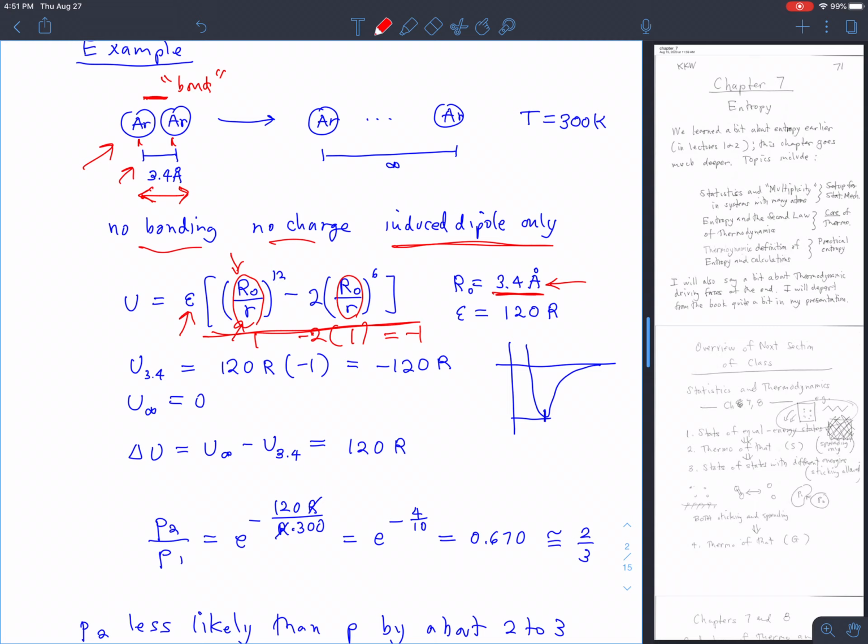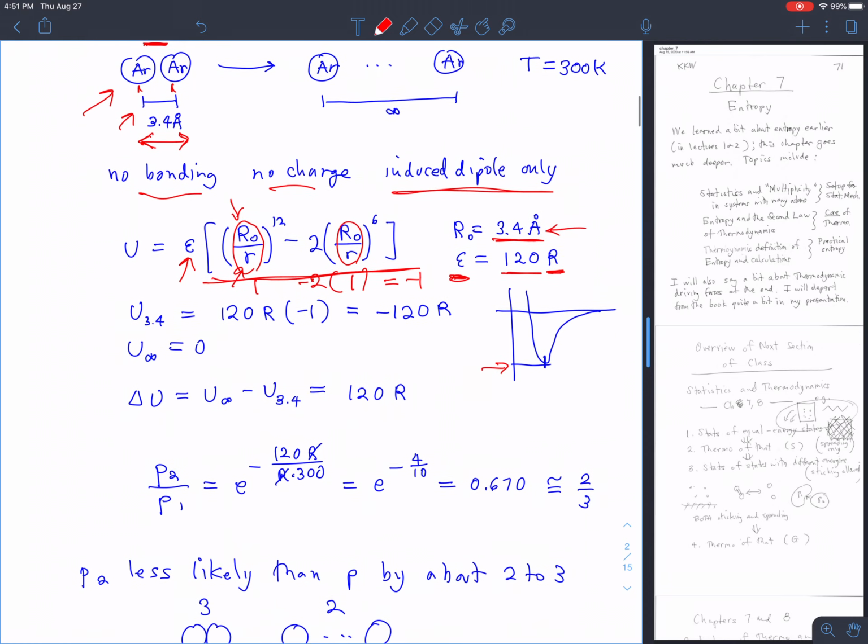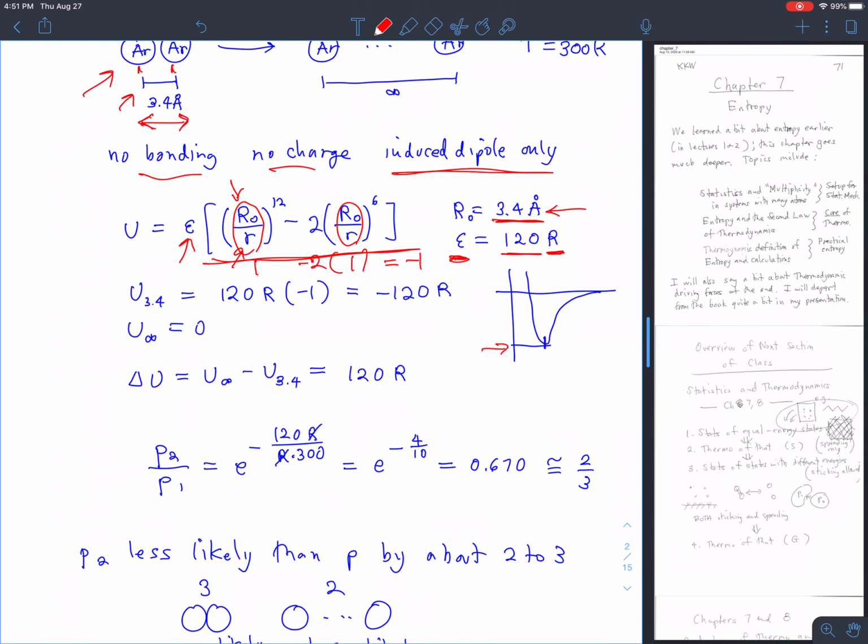And now this quantity epsilon, the well depth for the Lennard-Jones potential, is given as a temperature, 120 degrees K, times the gas constant. It turns out that's just a convenience. I could have put it in joules, and we get the same answer. But it's convenient sometimes to write energies as some temperature times the gas constant. In this case, epsilon is 120R, and this stuff in brackets is minus 1.